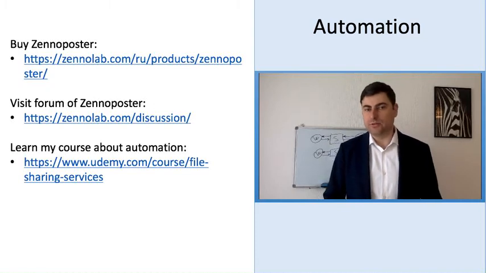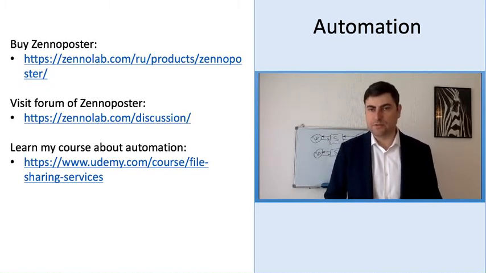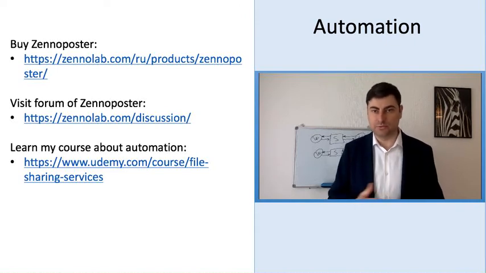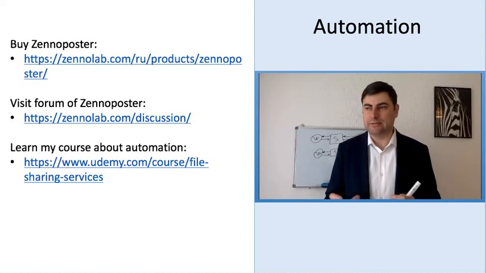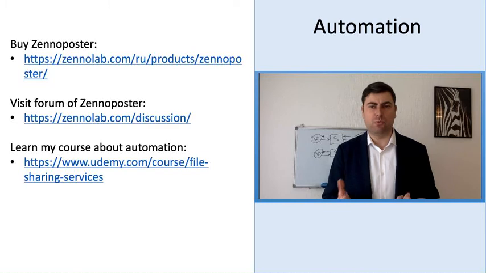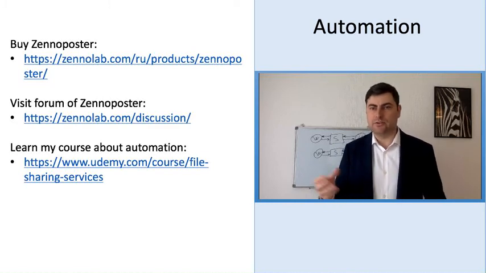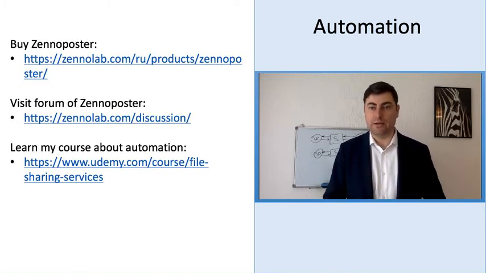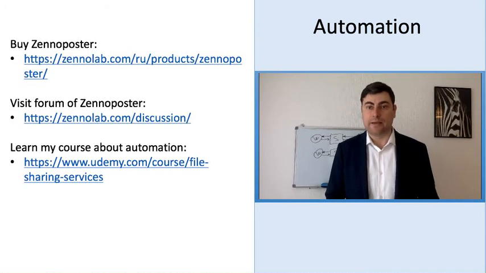Then visit the forum of Xena Poster to understand it if you didn't use it. It's a bit complicated, however, it's very simple. You just have to understand how it works, and then you can work with it without any further education.